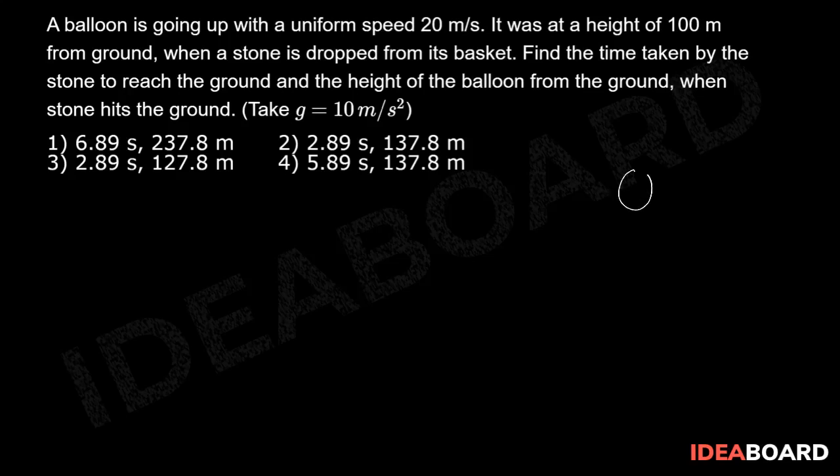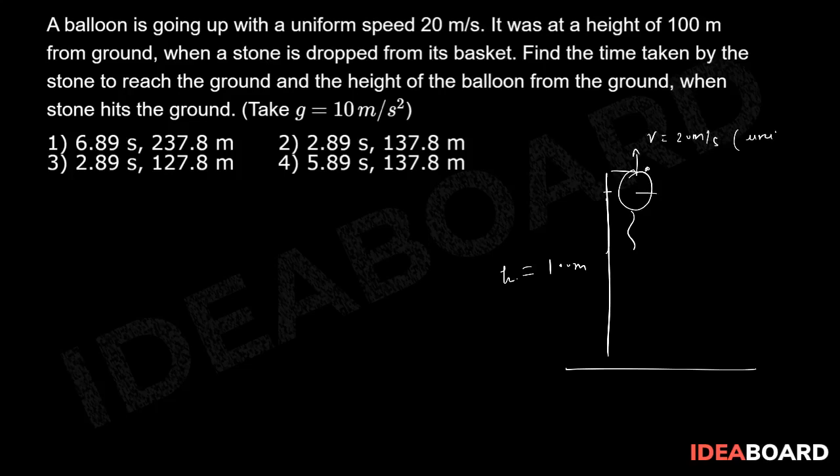So suppose that this is the balloon and let's say it is at a height of 100 meter. Now suppose that at that instant the velocity is 20 meter per second and this is uniform. There is a pebble which is dropped.